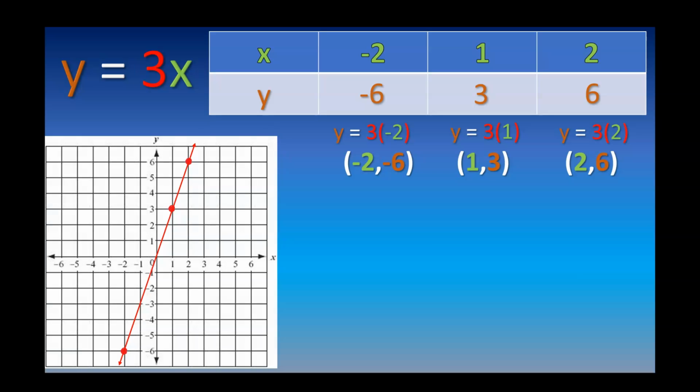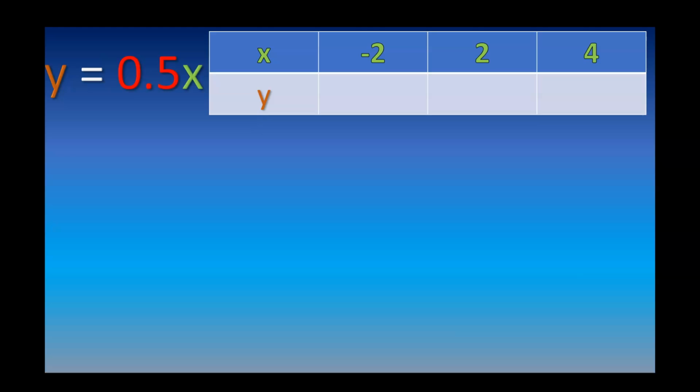Last example. What if instead of multiplying by a whole number, we multiplied by 0.5 or half? Same thing should occur. If we put -2 into this formula, half of -2 is -1. +2 goes into the formula, half of +2 is +1.